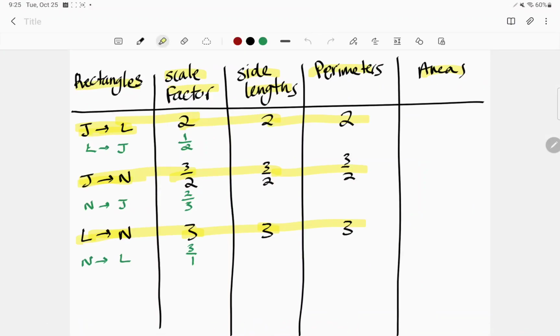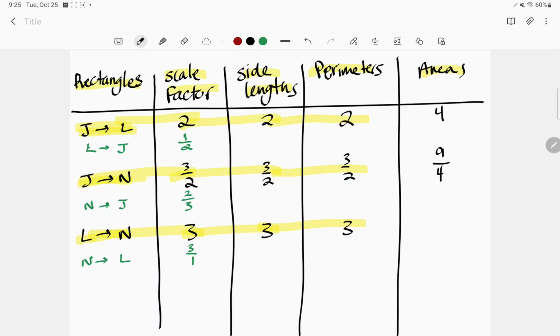All right, so hopefully you were able to pause the video and figure out what these new areas would be. To go from J to L, it was a scale factor of 4. To go from J to N, if you simplified it down and put it as a fraction, it was 9 to 4, or 2.25.